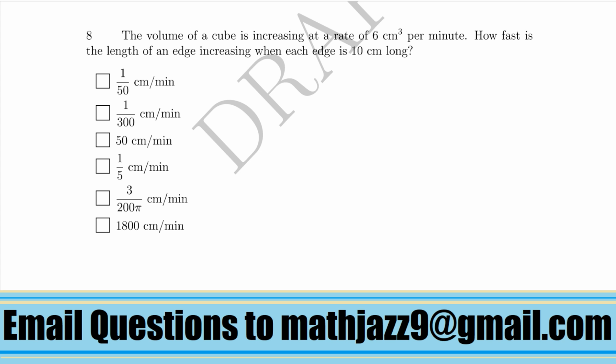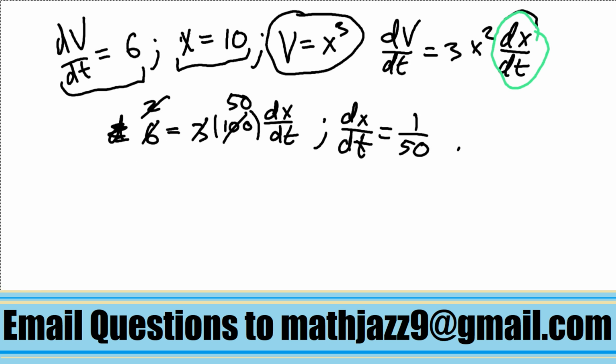But we're not taking a side length derivative, we're taking a time derivative. We want to know how fast the side length is changing in centimeters per second, or per minute, or whatever the units are. And since we're not taking a side length versus a side length, we don't have our derivatives canceling like we normally do.